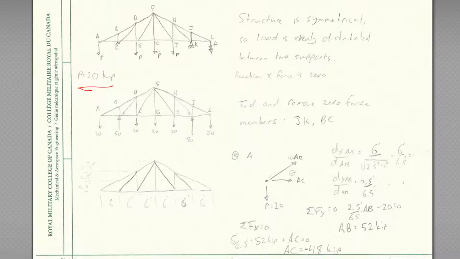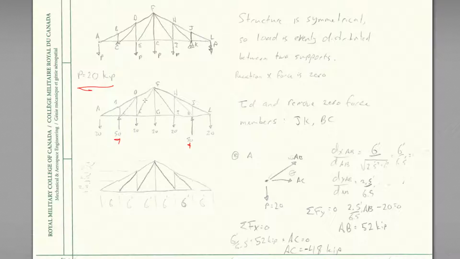So at C and at K, we've just got a vertical reaction support force of 50 kip. C would have a horizontal reaction if there were any horizontal forces to resist, but there aren't, so it's 0. So that one's simple enough.